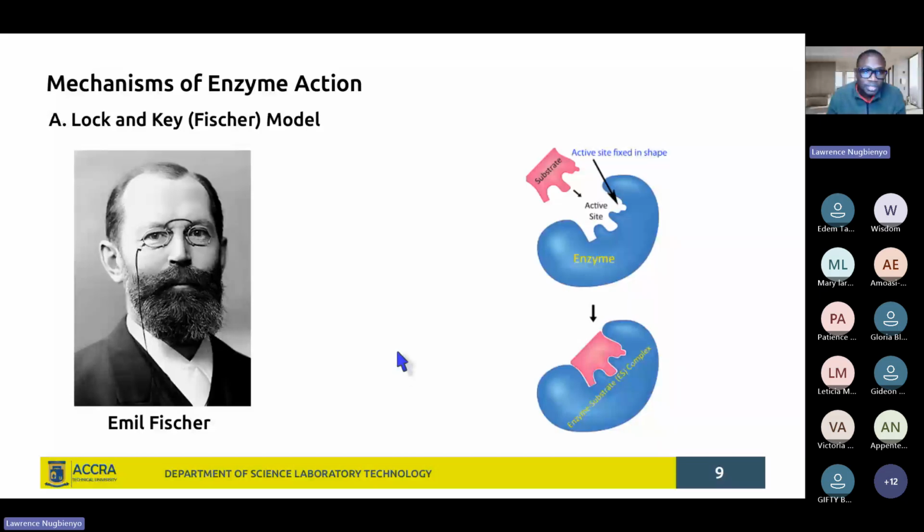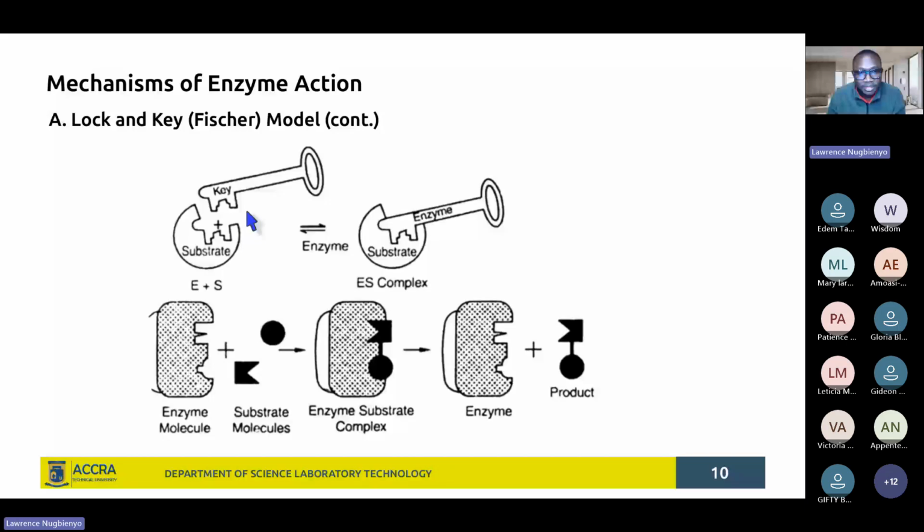So we see that is depicted more for you to see. The substrate is depicted like a keyhole, and you have the enzyme, which is the key. So that's why it's called a lock and key model. Mostly you hear it being referred to as a lock and key model.